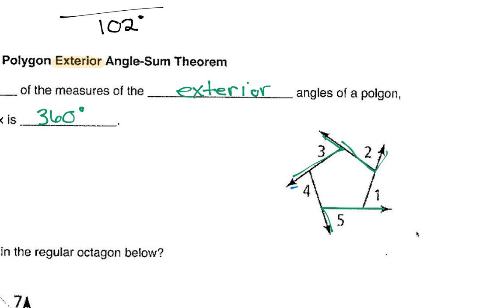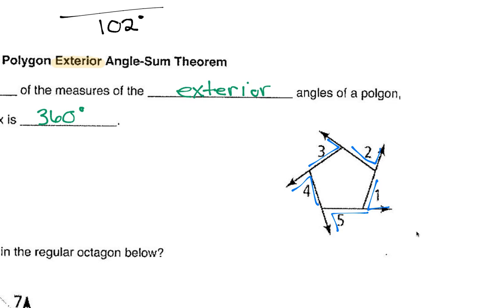exterior angle. I'm going to come back around with another color here. Maybe those colors look confusing. I don't want 1 and 4 to look special there. 1, 2, 3, 4, 5. So 5 sides, 5 vertices. Each vertex has an exterior angle. Yes, we can go out the other direction if we wanted to.